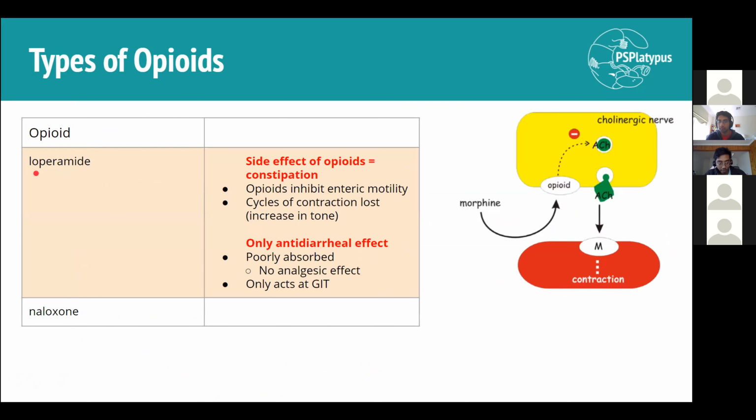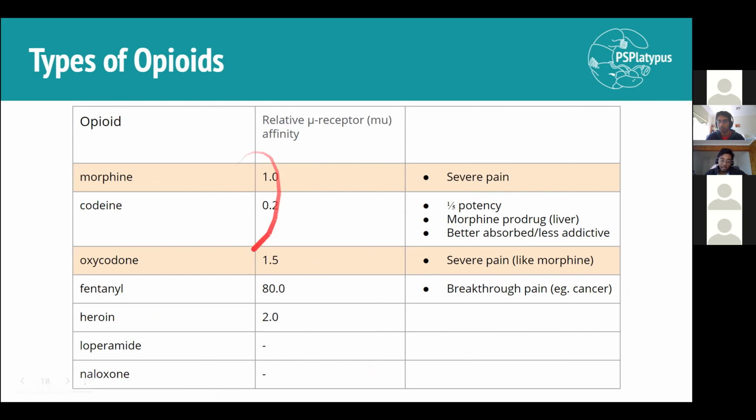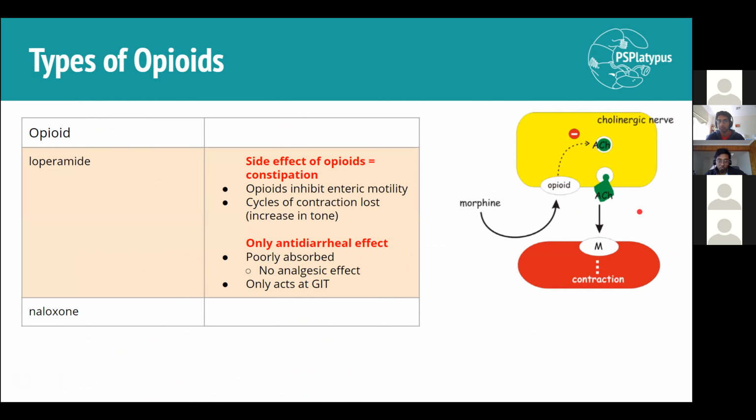So loperamide and naloxone. For loperamide, we didn't assign any affinity here because it acts a little bit differently to these other opioids. This is mainly used to treat diarrhea. Now, one side effect of opioids, and this is essentially all of them, is that they cause constipation.